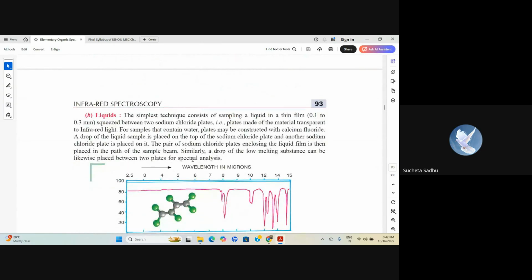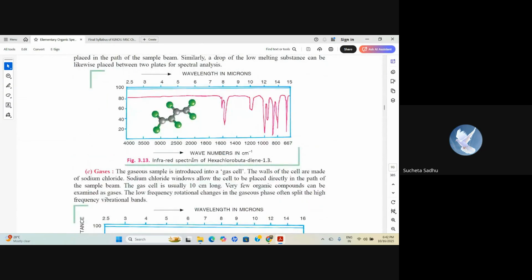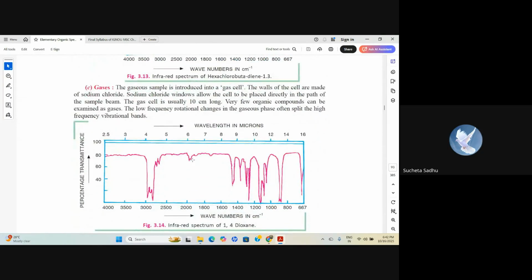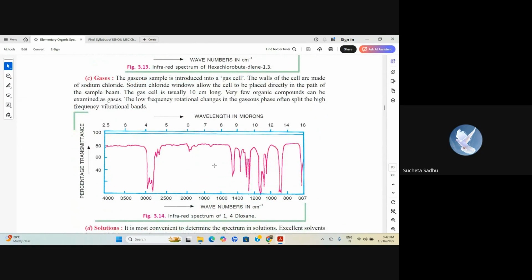Is this fingerprint region common for all, or is it based on the functional group? The fingerprint region is the same for all, but in that region different functional groups will give different peaks.